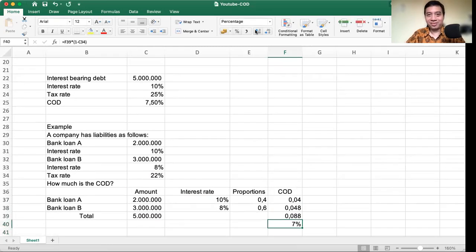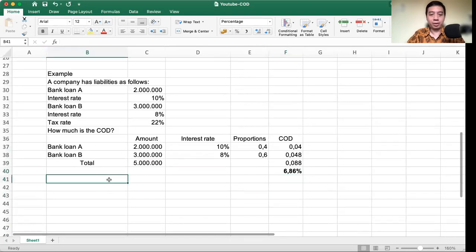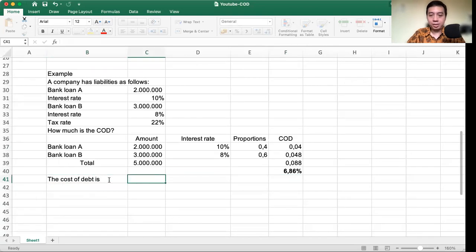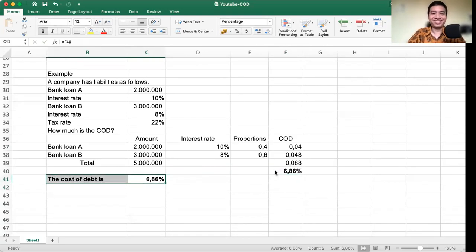So now we have our COD. So the cost of debt is 6.86%. Pretty simple, right?